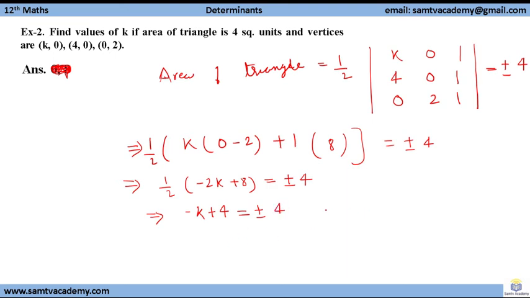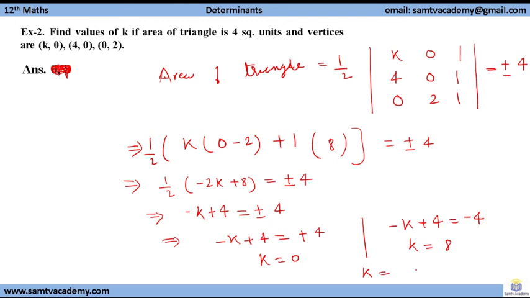Now if you solve for these two values: minus k plus 4 is equal to plus 4, and second, minus k plus 4 is equal to minus 4. So from here you will get k is equal to 0, and from here you will get k is equal to 8. So we got two values of k, 0 and 8.